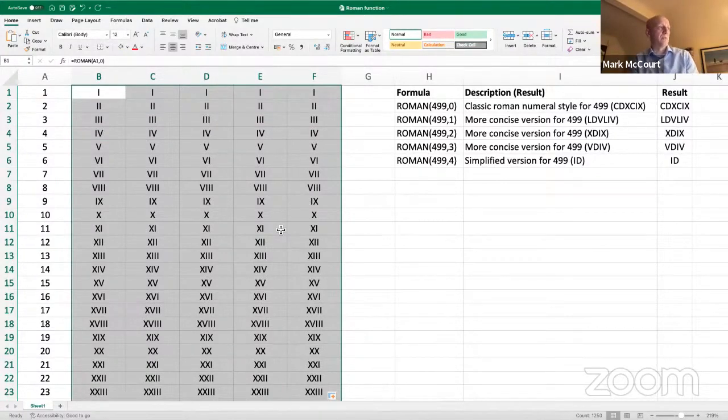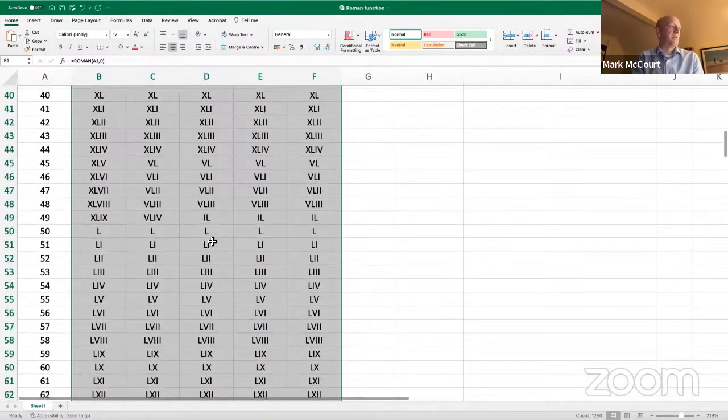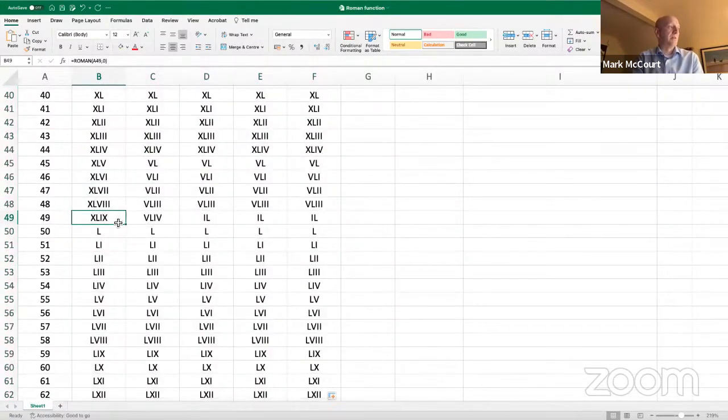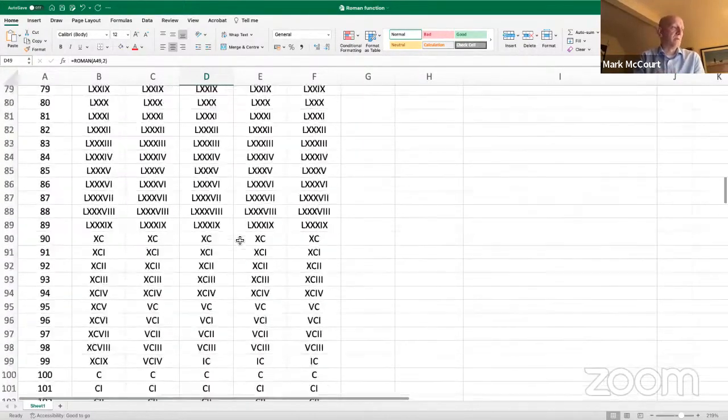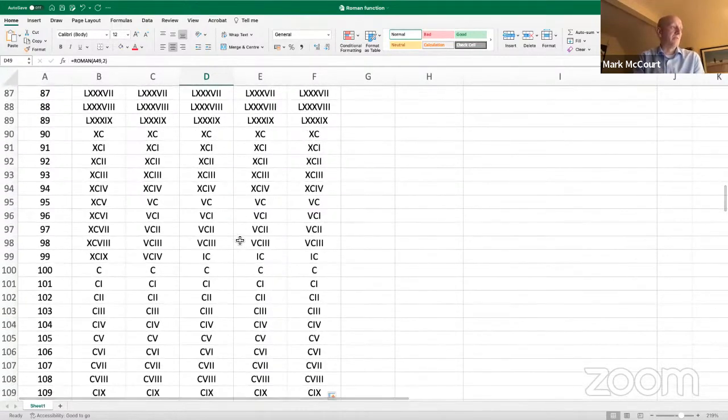We end up with different types of Roman numerals representing the same number. So, for example, look at 49. XLIX, 50 minus 10 plus 9, but also VLIV, 50 minus 5 plus 4, but also IL, 50 minus 1, in different formats. It's quite an interesting way to quickly get to see some of the variations.